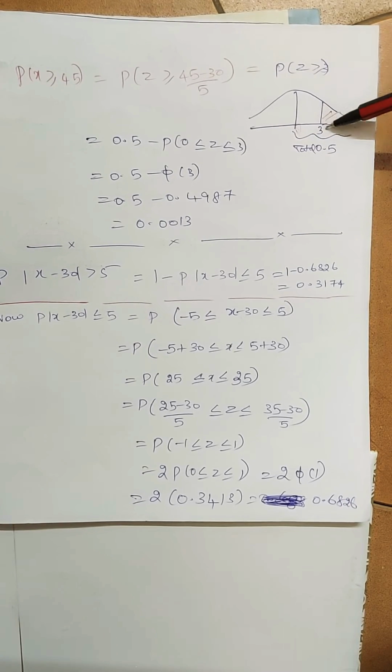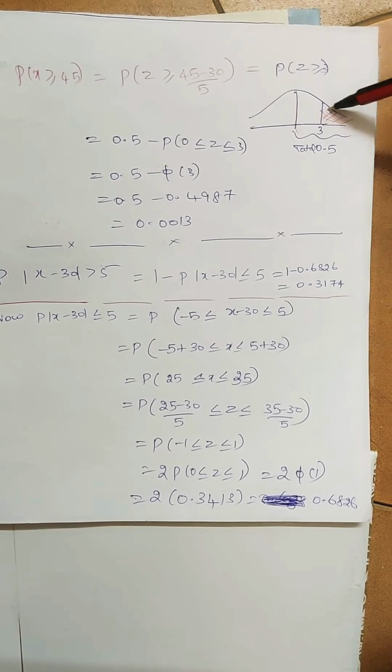See here, greater than 3 means this area will come. Correct? Greater than 3 means completely this area. So how to find this? Because in the tabular column everything will be given from 0 to a particular value. 0 to 3, 0 to 4, 0 to 5, like that will be there in the tabular column. Now I want the area 3 and above.